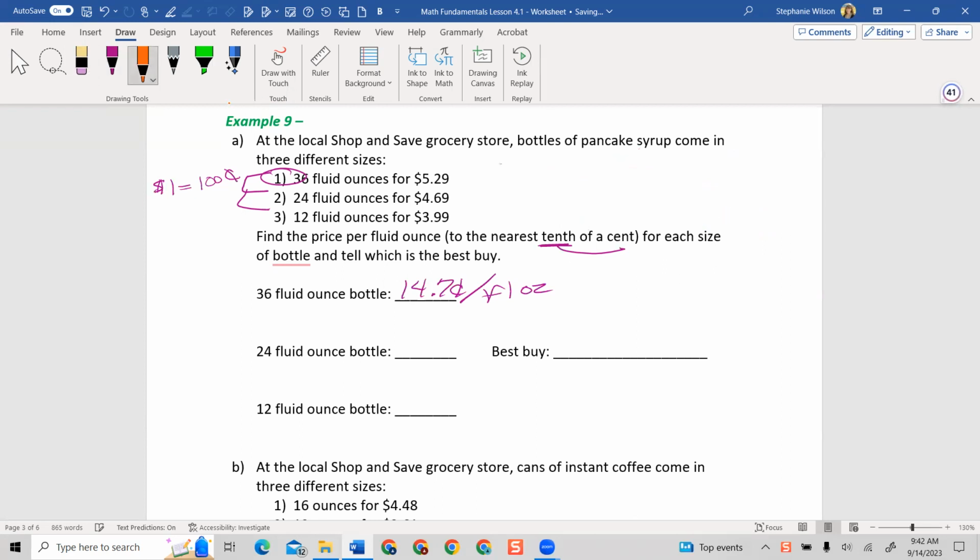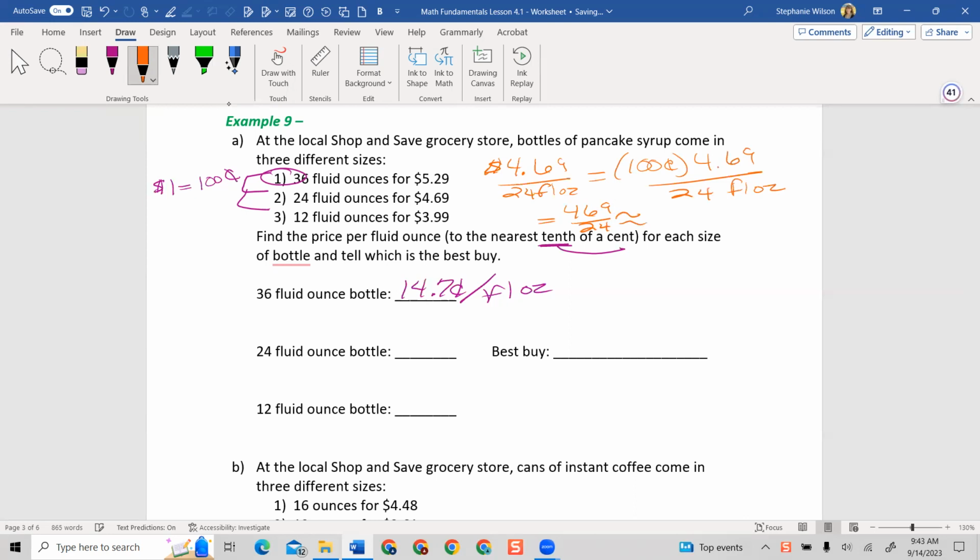The next one says we have $4.69 for 24 fluid ounces. So in the place of the dollar sign, I'm going to put the 100 cents. I'm going to multiply it by 4.69 divided by 24 fluid ounces. Now I get 469 divided by 24. And of course, we're going to use the approximation sign because we are rounding.